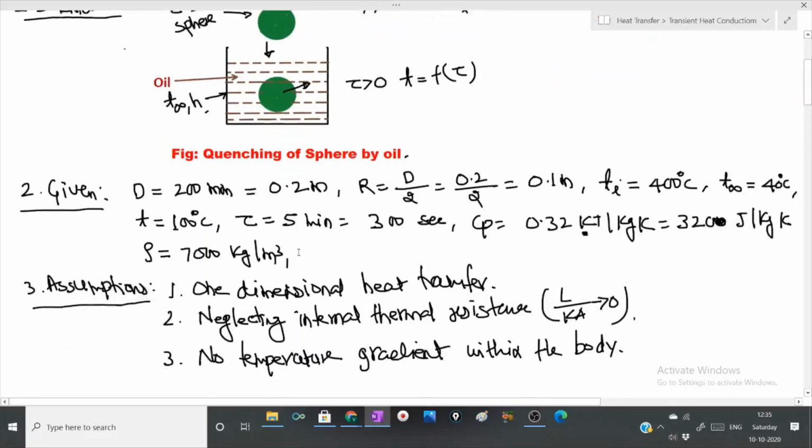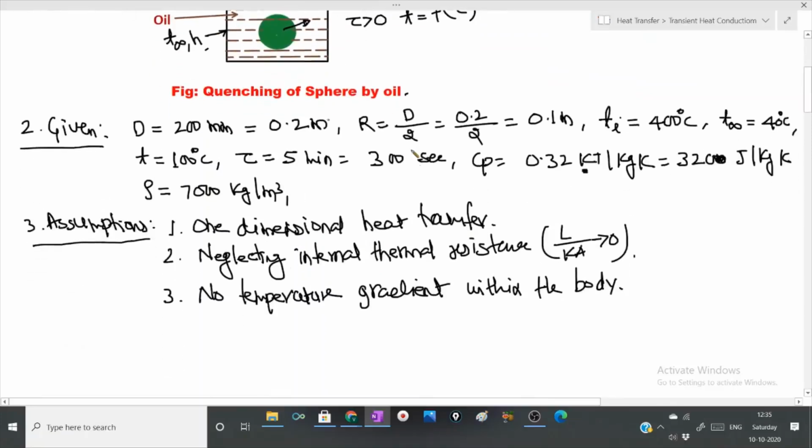That is the meaning of assumption number 3, no temperature gradient within the body. Let's say I consider 10 minutes and its temperature dropped to 50 degrees Celsius, so the entire sphere has to be considered at 50 degrees Celsius. That is no temperature gradient within the body.